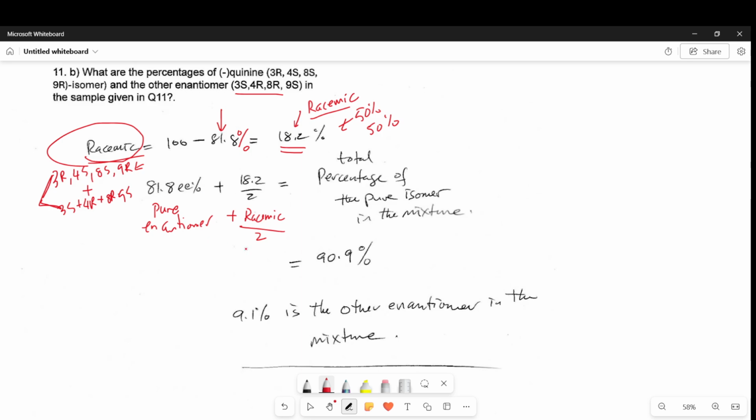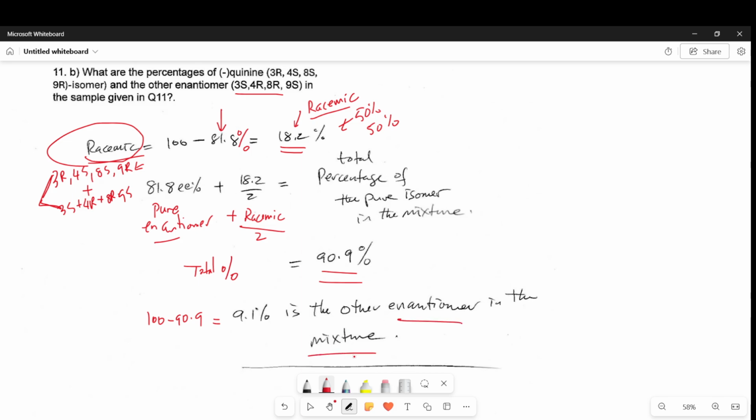This sum gives me the total amount of the desired, whether it's mixed or in pure form, the total percentage of the desired. Total percentage is 90.9. So the undesired one would be, obviously, 100 minus 90.9 equals 9.1% is the other enantiomer in the total mixture.